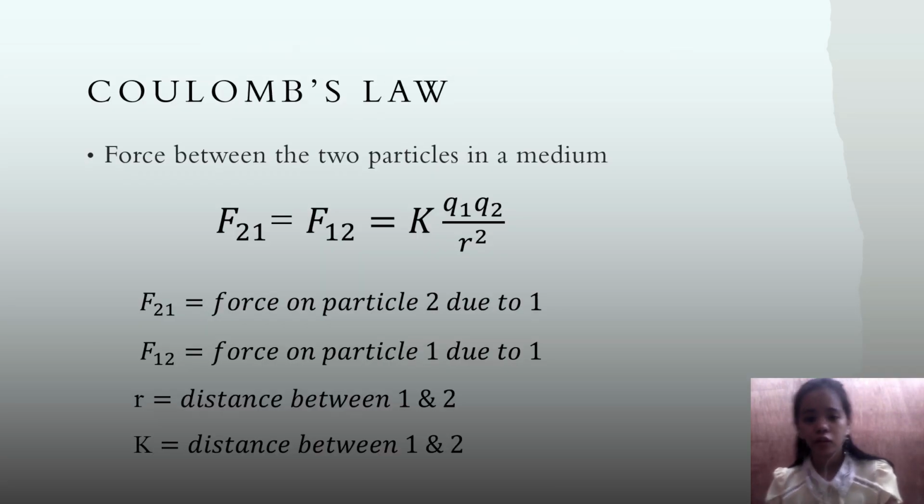So Coulomb's law holds between two particles in a medium. F21 is equal to F12 is equal to k Q1 Q2 over r squared. F21 is the force on particle 2 due to 1. F12 is the force on particle 1 due to 2. r is the distance between 1 and 2.